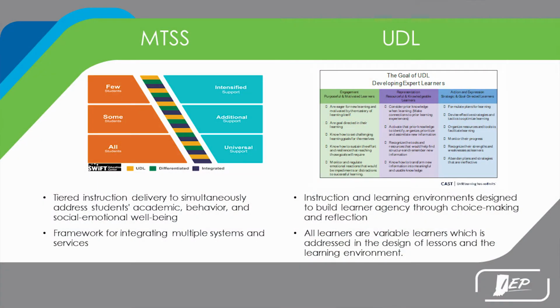When we think about the UDL framework, it's all based on what we know from neuropsychology, neuroscience, education, special education, and this is about taking evidence-based practices that are organized within that framework and understanding how to use those so that we can help build learner agency, and that's what we talk about when we're thinking about expert learners. And we're doing that through giving them choice-making opportunities, reflection opportunities.